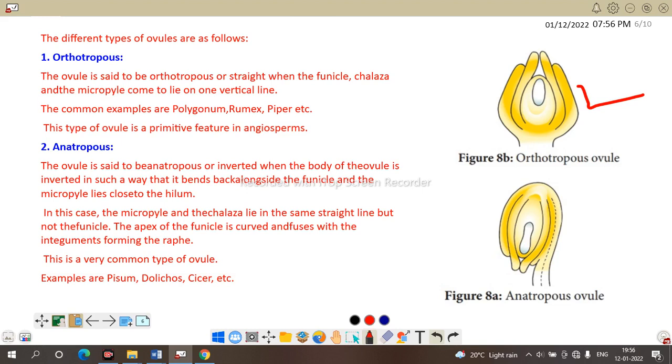Next is the anatropous ovule. The ovule is said to be anatropous, or inverted, when the body of the ovule is inverted in such a way that it is bent back alongside the funicle, and the micropyle lies close to the hilum.